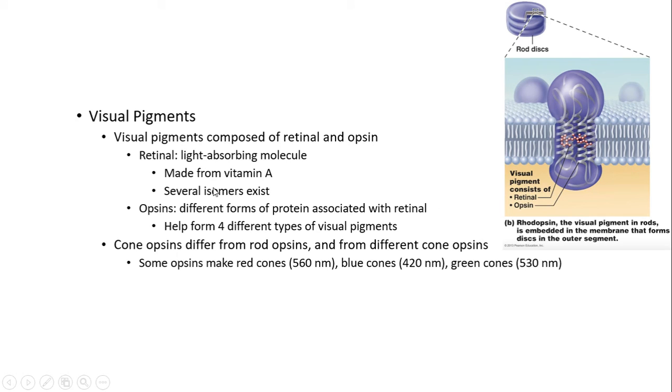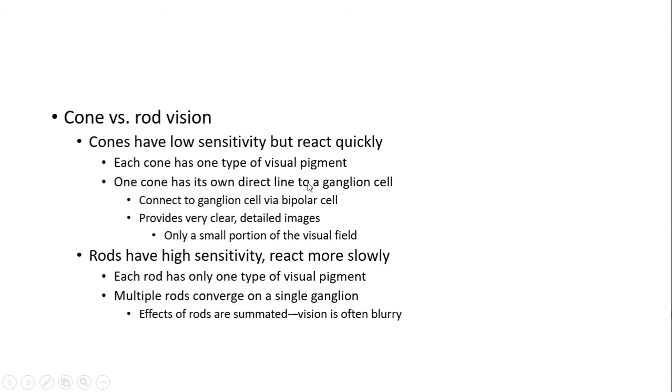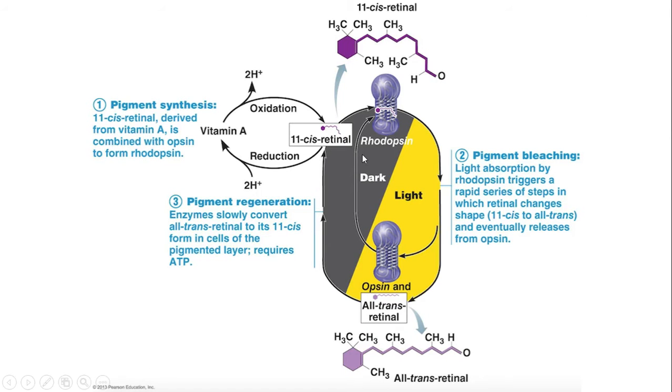Okay, now the retinal is derived from vitamin A. Okay, and then several isomers exist. Don't worry about this right now, this is just one of the isomers we're going to talk about. This is what we're talking about right now, the retinal. So it's derived from vitamin A, right?